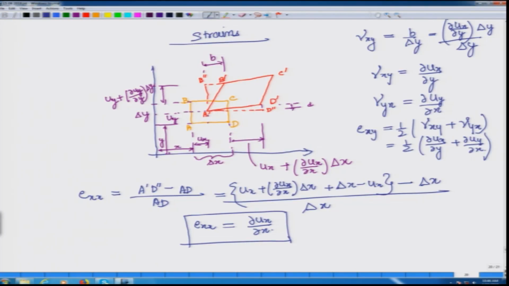So, now we have shown the derivation for a linear elongation xx which can be extended to yy and zz. We do not have a zz, but if it had a 3-dimensional component it can be extended to that, and the shear deformation and the uniform shear deformation Exy.